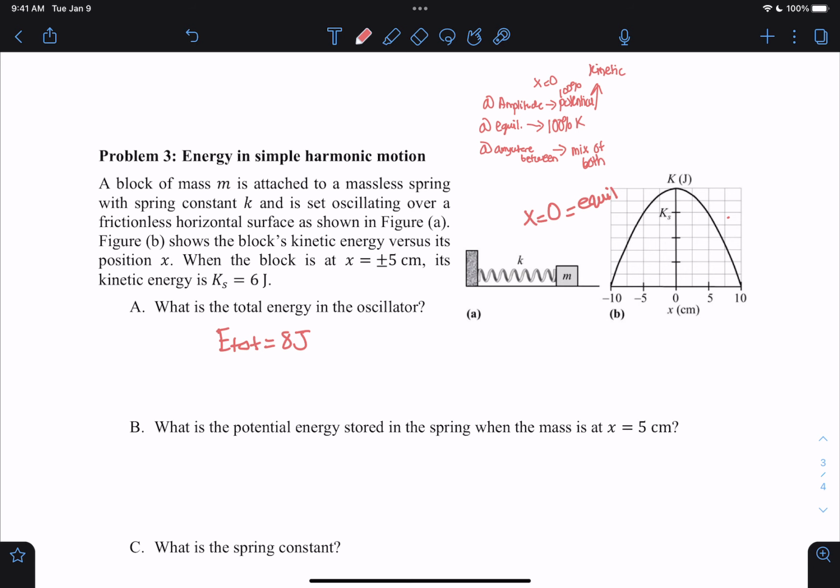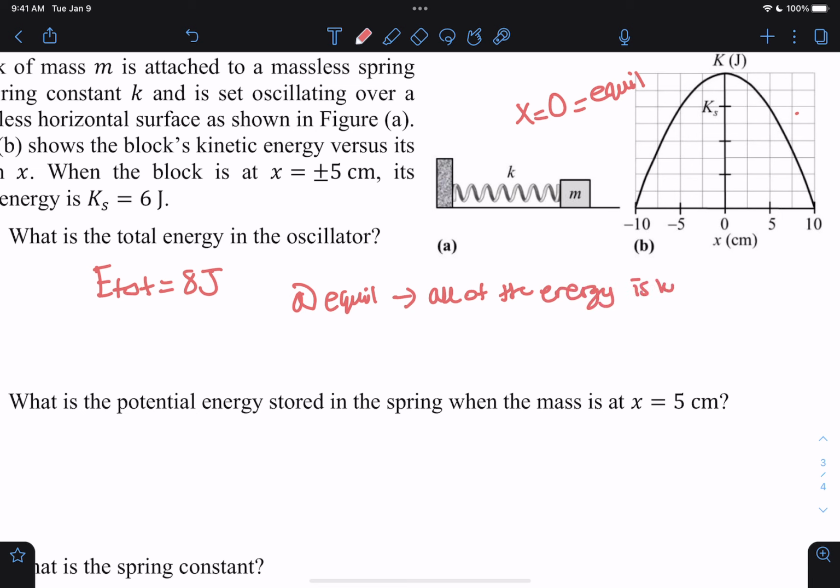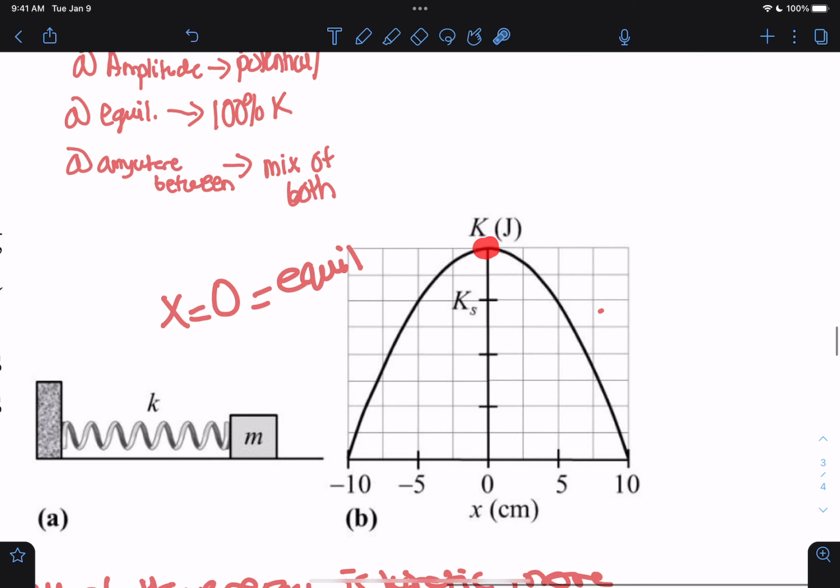Because at equilibrium, all of the energy is kinetic, none potential, because potential is equal to half kx squared, and x is equal to 0 at the equilibrium position. So we don't have any potential energy. It's all going to be kinetic. And whatever the amount of kinetic energy is, that's going to be equal to the total energy.